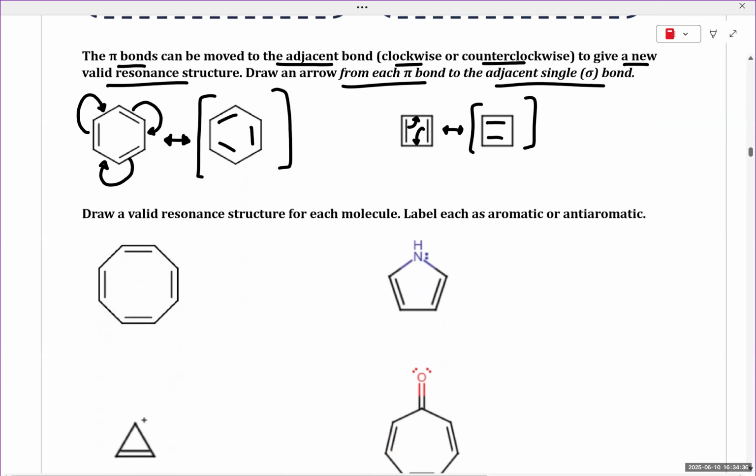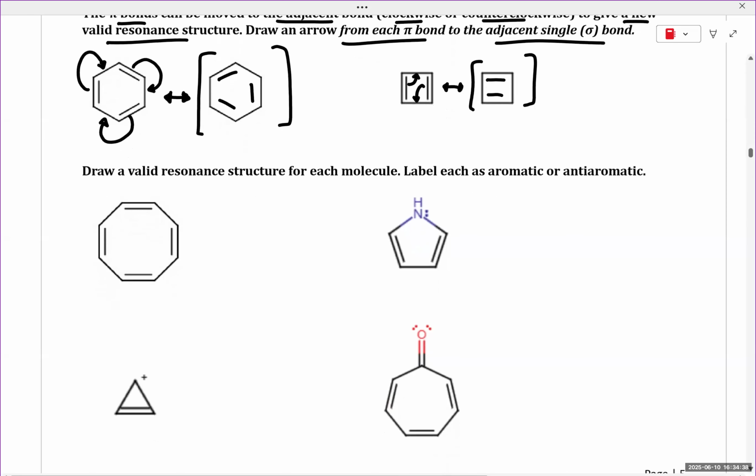Let's do some practice now. I'll do the first two, you'll do the next two. In this case, we're asked to draw a valid resonance structure for each molecule and label each as aromatic or anti-aromatic. So this is cyclooctatetraene. So we have 2, 4, 6, 8 pi electrons. So this would be anti-aromatic.